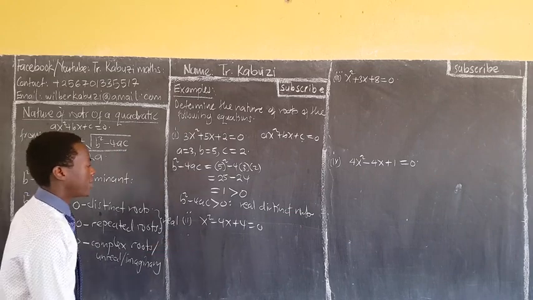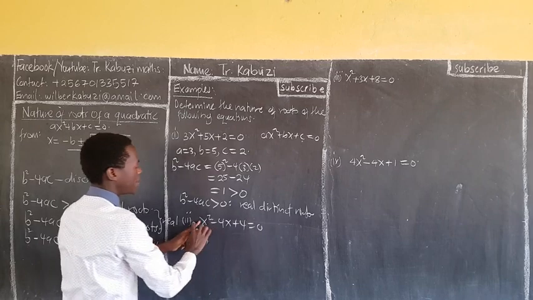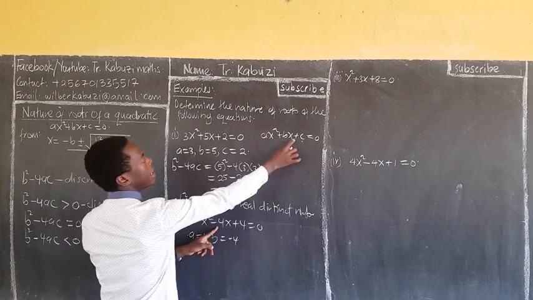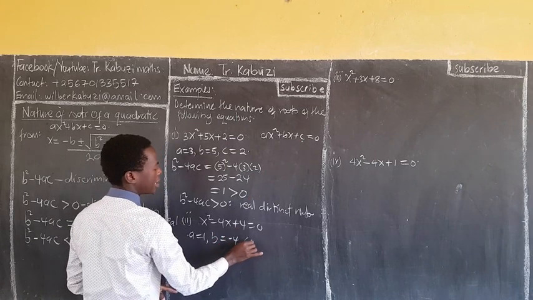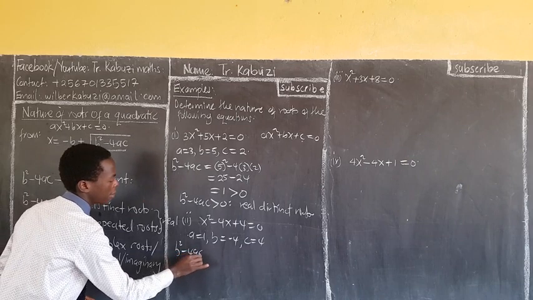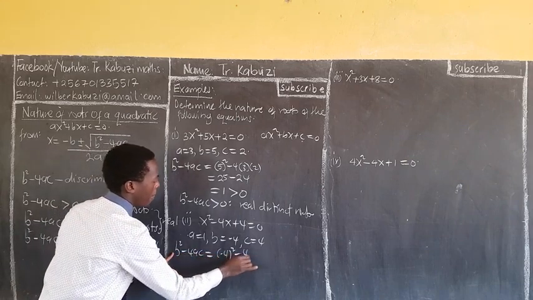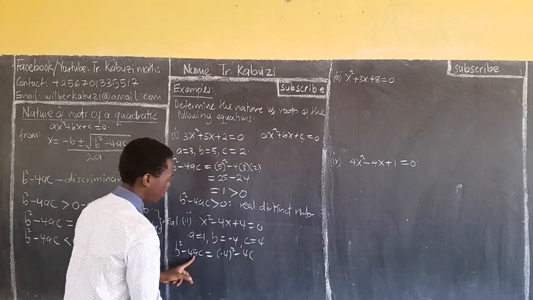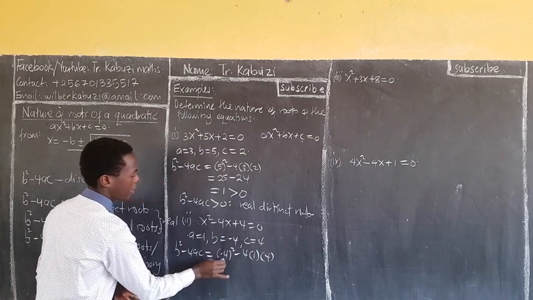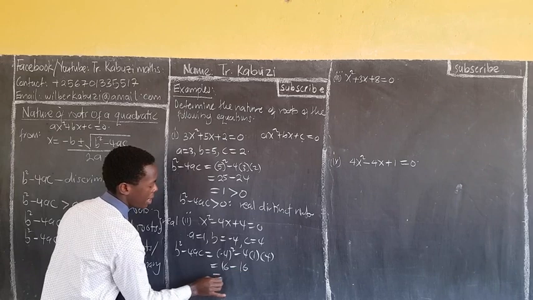When I come to this one, if I compare, my a is 1, my b is negative 4, and my c is 4. So putting it in, b squared minus 4ac, where a is 1 and c is 4, this gives me 16 minus 16, which is 0.